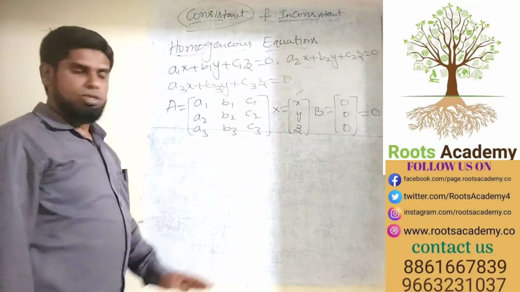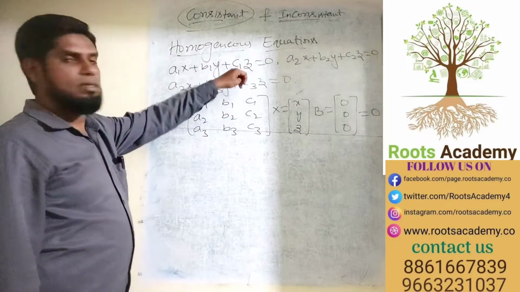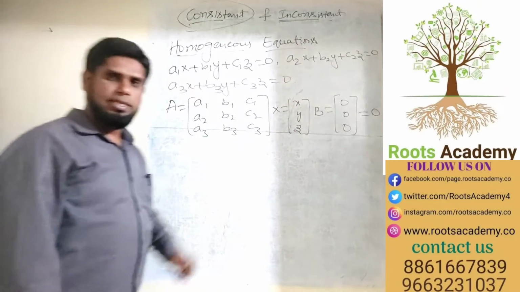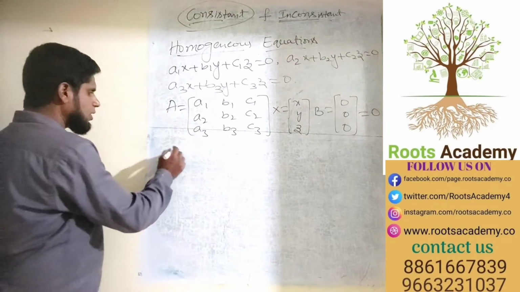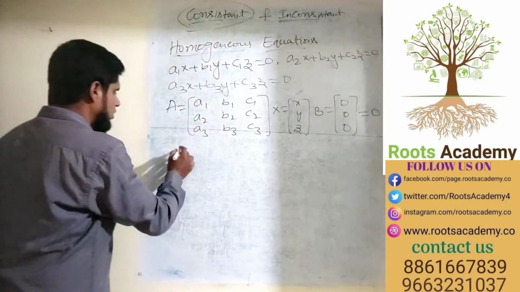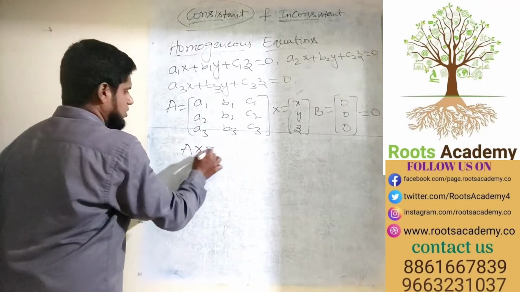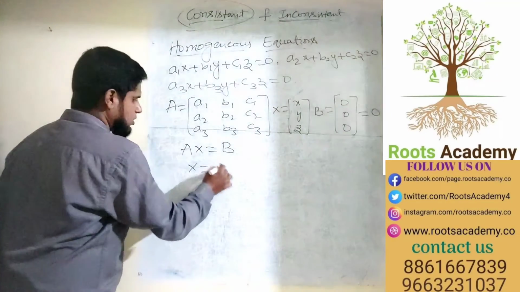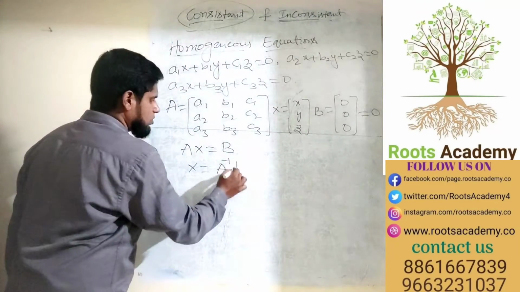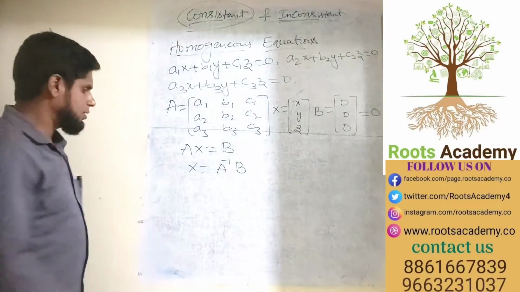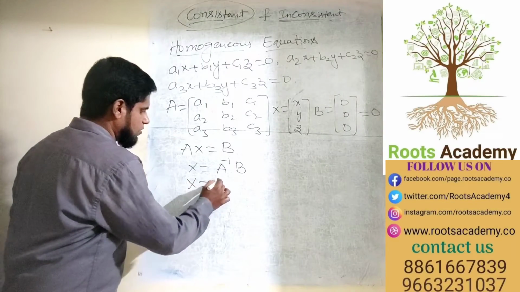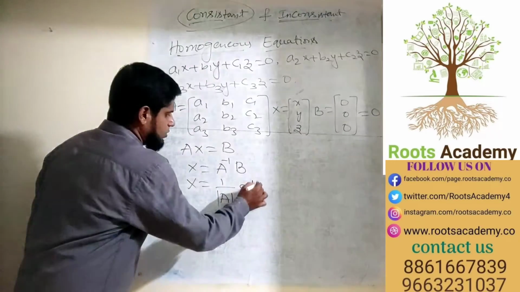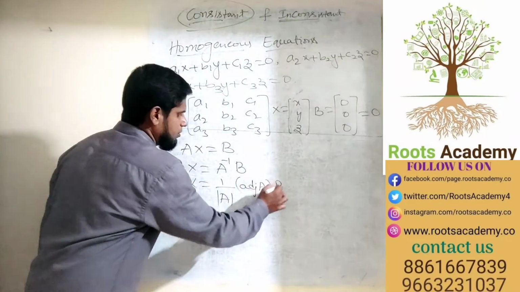To declare the consistency and inconsistency of this, we follow the same pattern. So directly I will come to the formula, that is AX equals B. With this I will get X equals A power minus 1 into B, that is X equals 1 divided by determinant A into adjoint A into B.